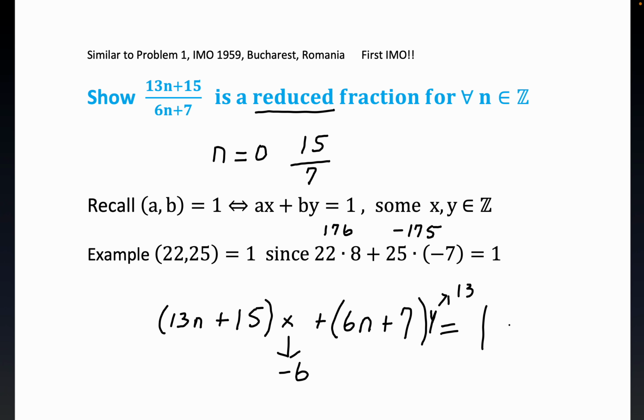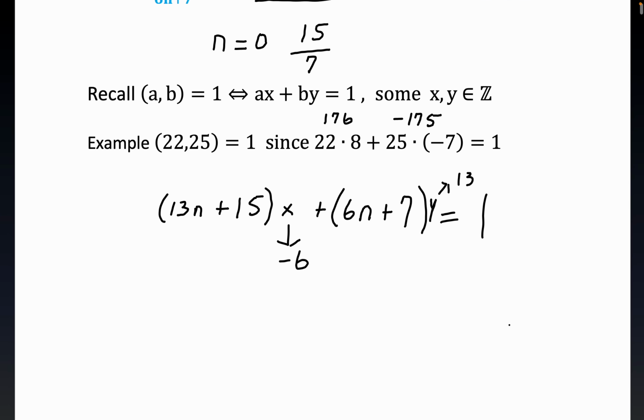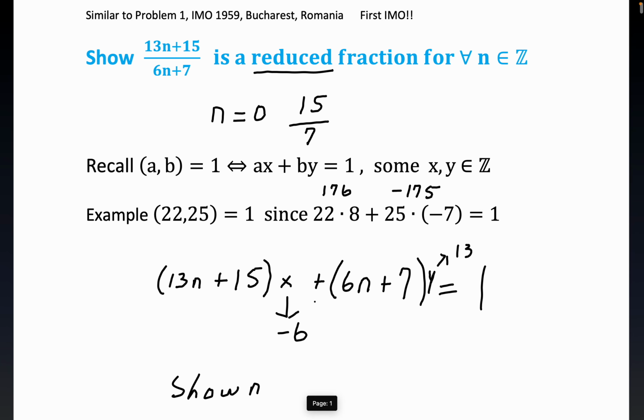Okay, so what we've shown is that these two guys have no common factors. So we have shown that, just copy it down again. We've shown that 13n, what was the problem? I've already forgot.